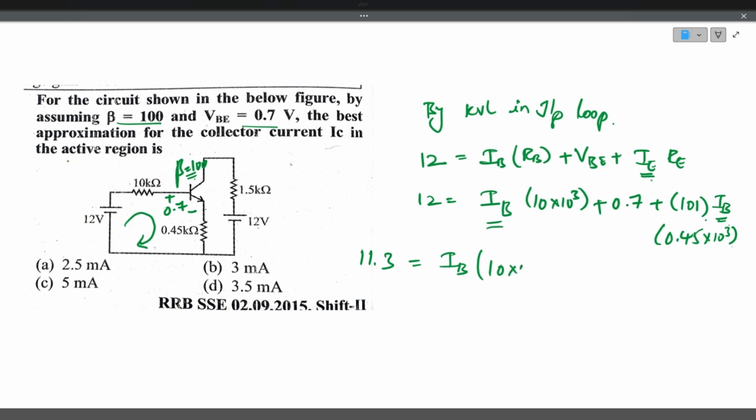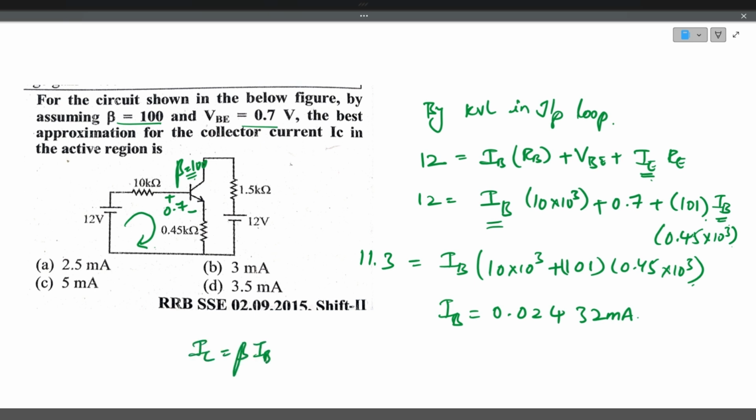10 kilo ohms plus 101 into 0.45 kilo ohms. So by solving this, the base current will be 0.02432 milliamps. So the base current is known. Now the collector current IC is equal to beta into base current.